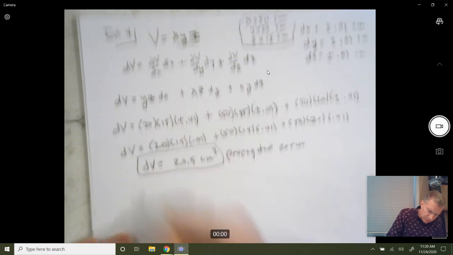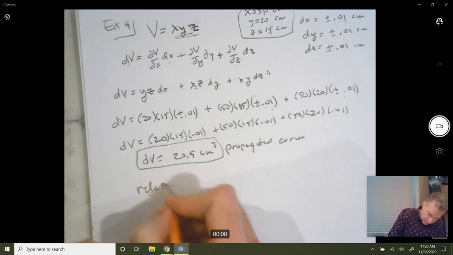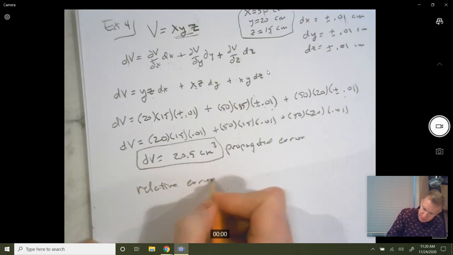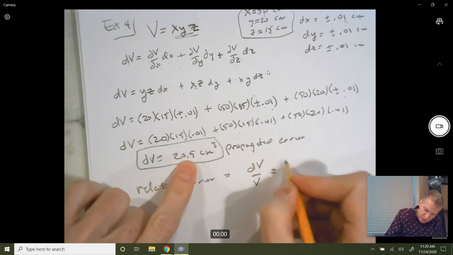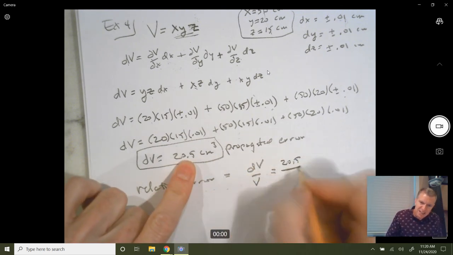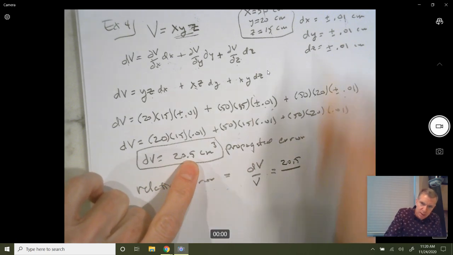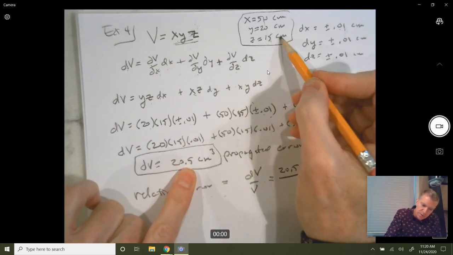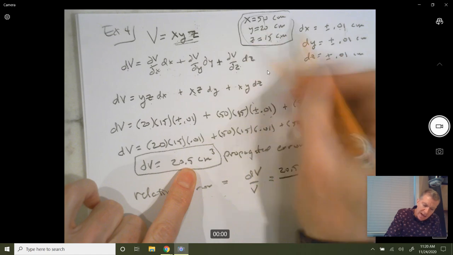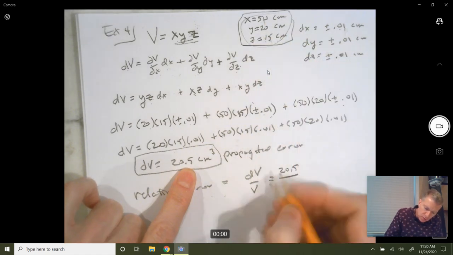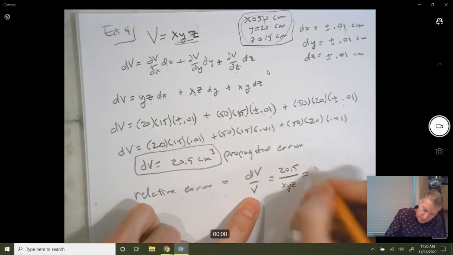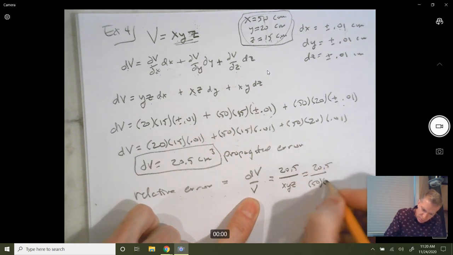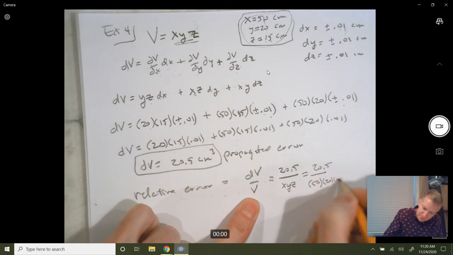Now the relative error is equal to your dv over your v. So the dv, which we just calculated, 20.5, divided by our volume, which would have been measured at our measured values. So x times y times z is our volume. So we get 20.5 divided by 50 times 20 times 15.